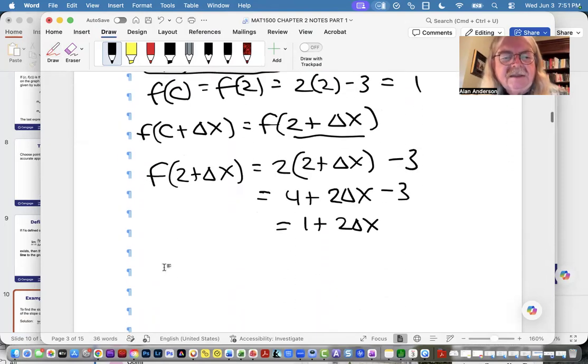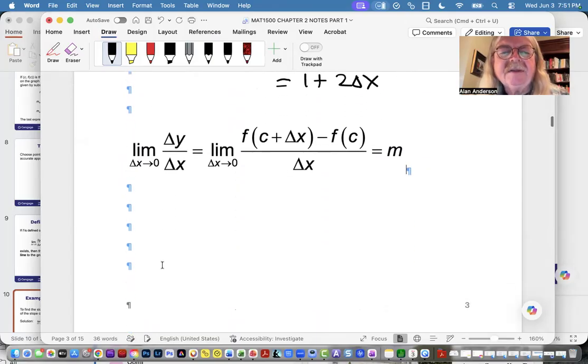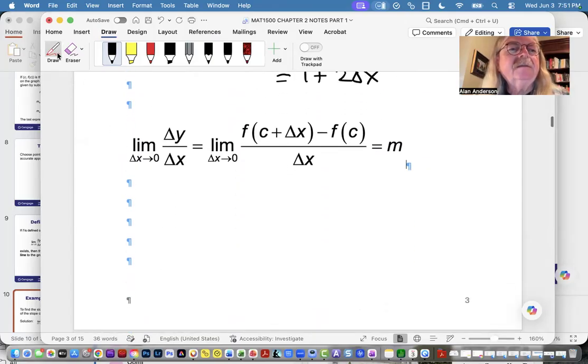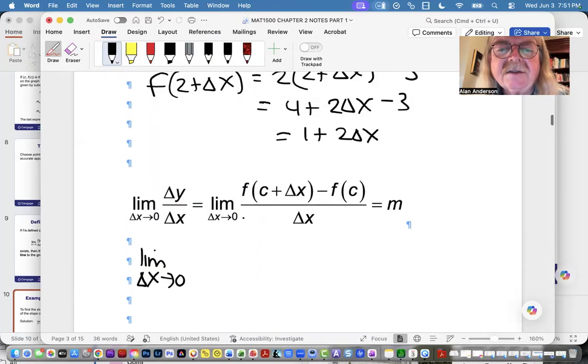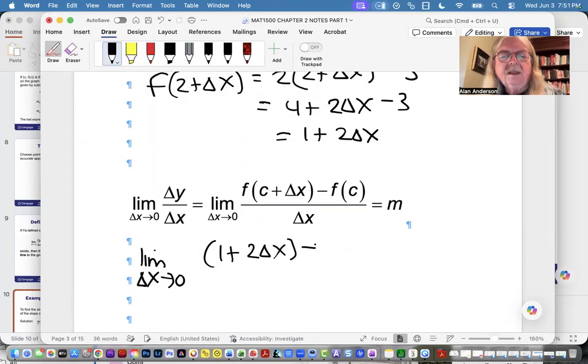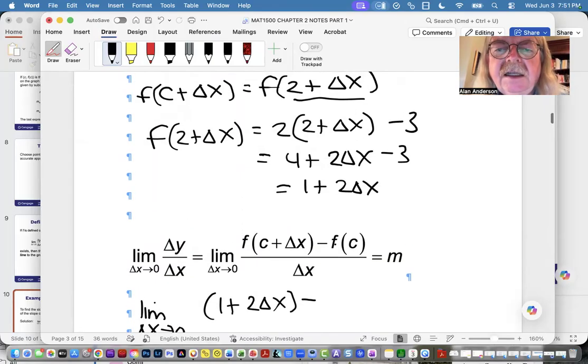So let's do it and see what happens. So we're taking the limit as delta x goes to 0. f of c plus delta x, as we've just seen, is 1 plus 2 delta x. f of c is 1.